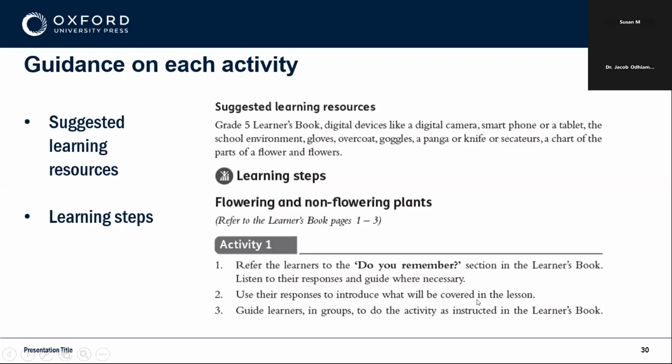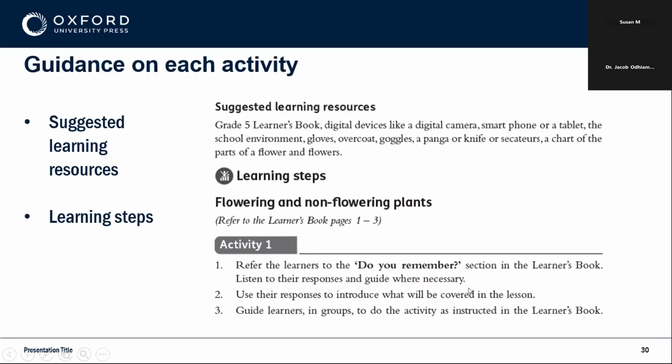This one is for the topic flowering and non-flowering plants, and the steps for carrying out the activity are also given. These activities match the activities in the learner's book.